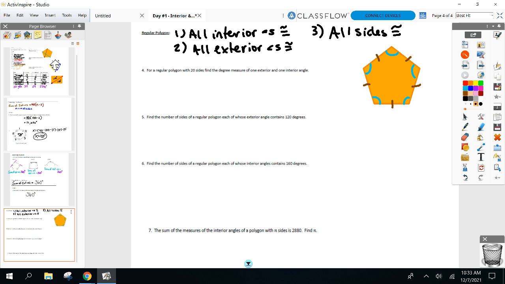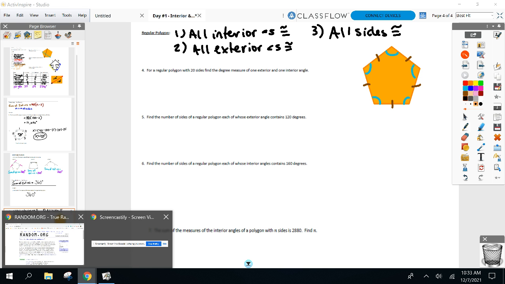And then you divide by 20. Good thing about this is we could do this a couple different ways.